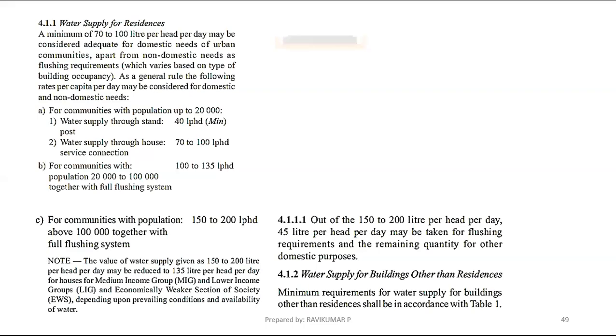For normal economic plots we take 135 liters per head per day. For a luxury building, luxury apartment or luxury bungalow, they may have bathtubs and everything, and a swimming pool also. For such projects we take 200 liters per head per day.